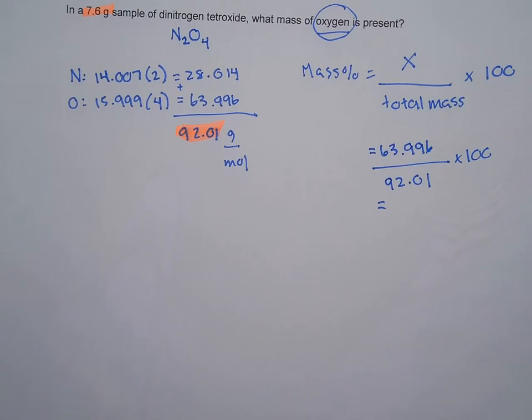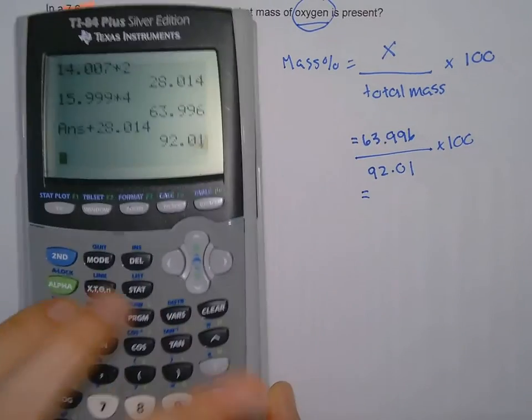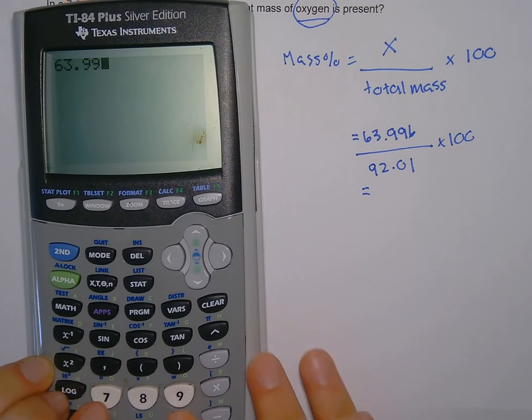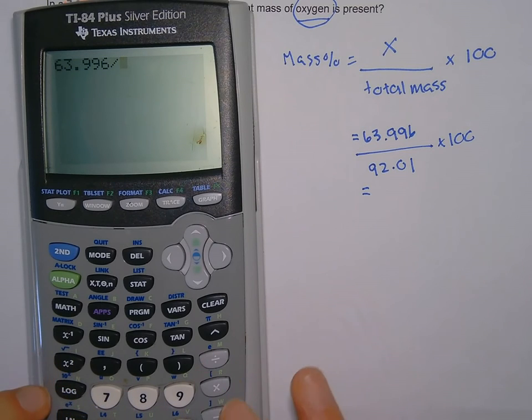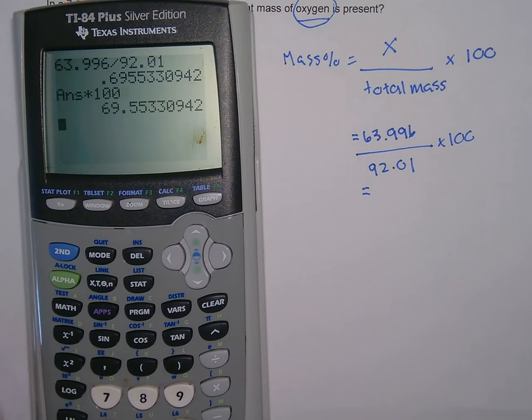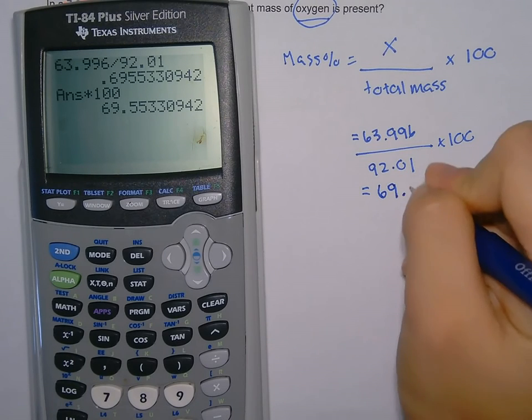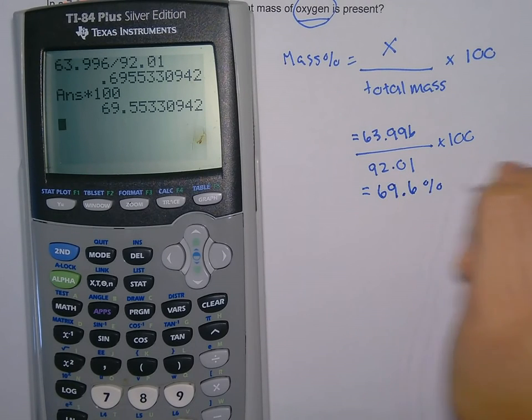If I get on my handy dandy calculator, 63.996 divided by 92.01 times 100. So I know that the percentage of oxygen in my compound is about 69.6%.